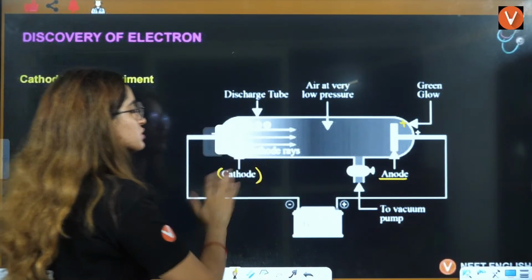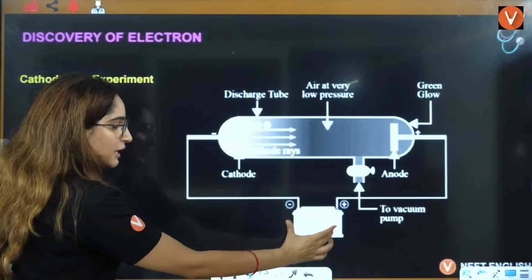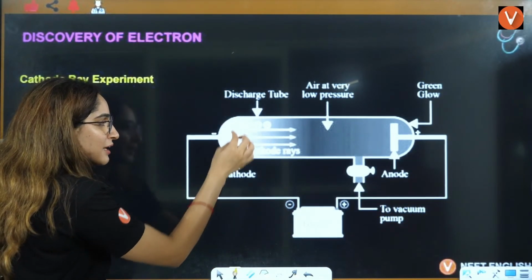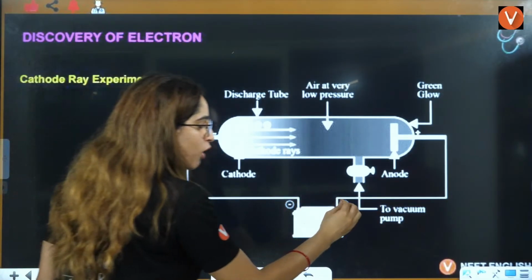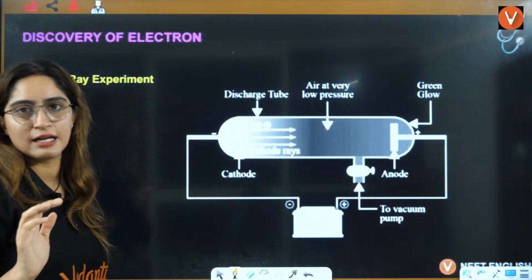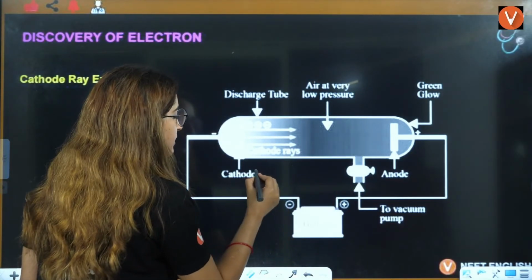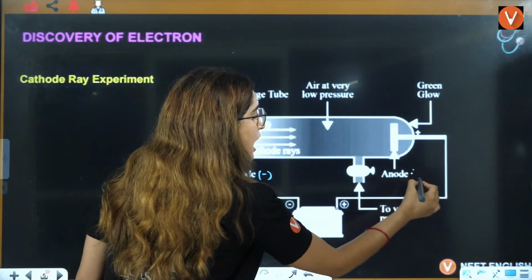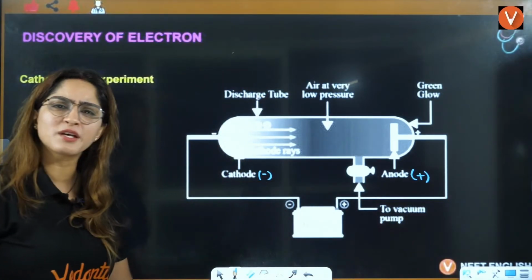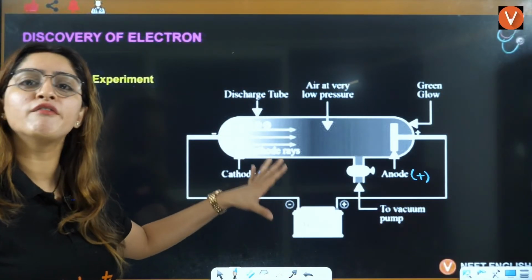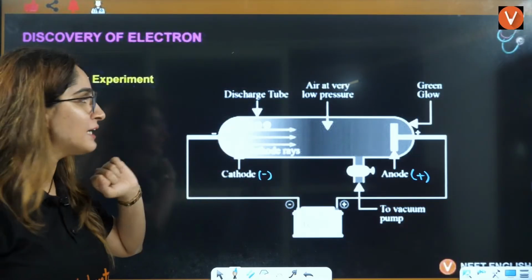So if you see this, this is the battery, and to the negative terminal the cathode is connected and to the positive terminal the anode is connected. So we can say that in these discharge tube experiments, the cathode is negatively charged and the anode is positively charged because they are connected to the respective terminals of the battery, right?